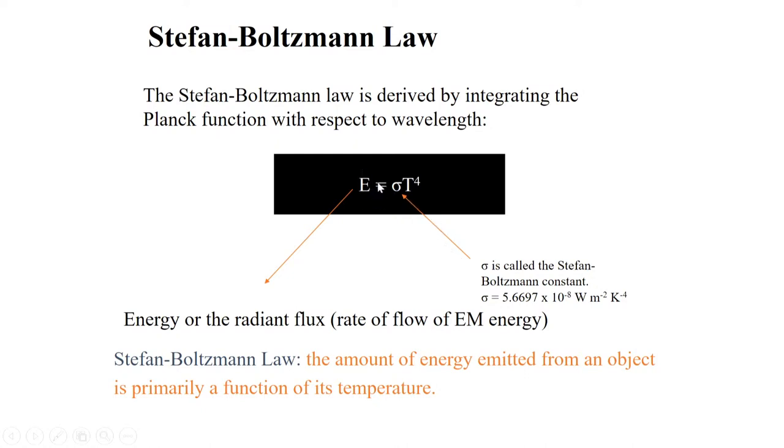So E is equal to sigma T to the power 4. If the temperature is known, by multiplying the fourth power of the temperature with the Boltzmann constant, one will be able to calculate the energy.